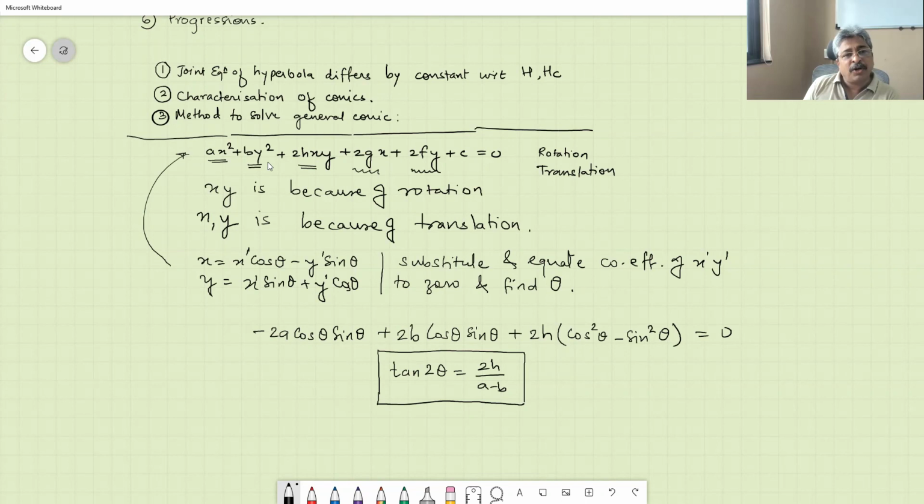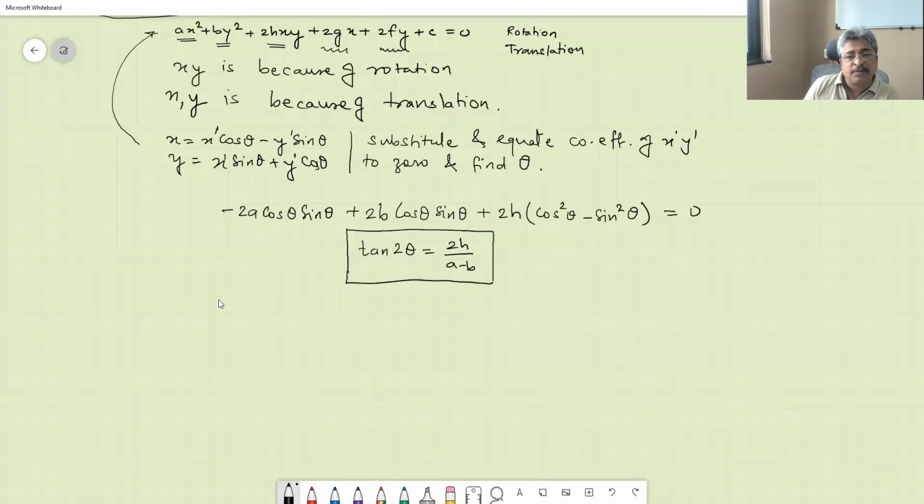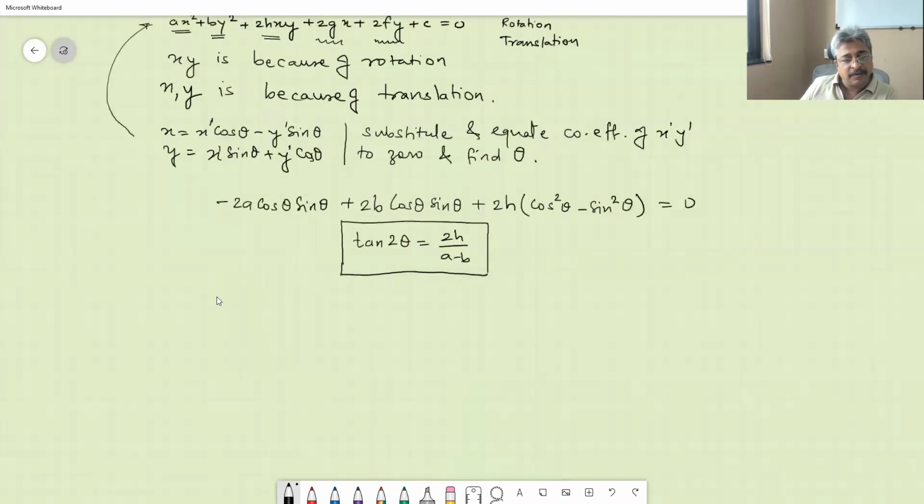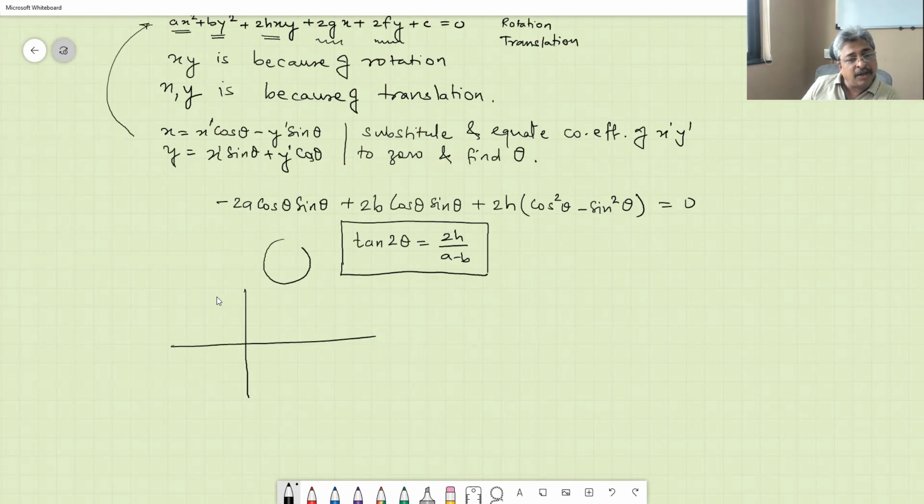Now, this morning I was thinking, small question. Suppose I have the xy system and a circle somewhere in general position.